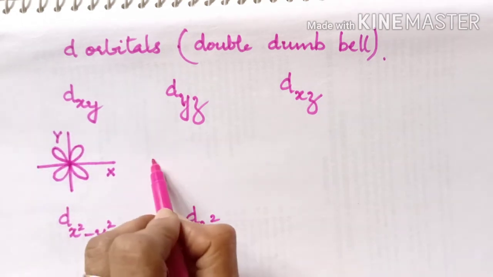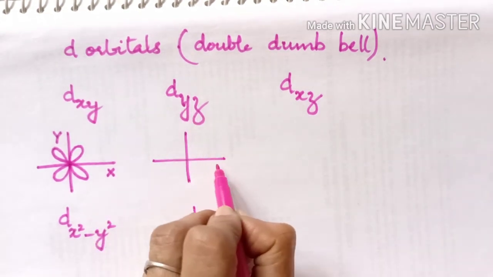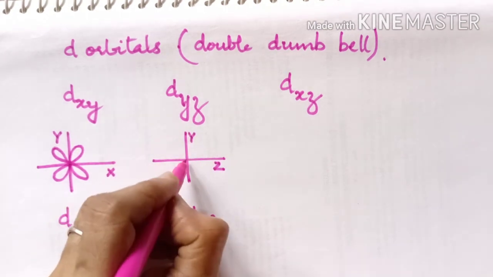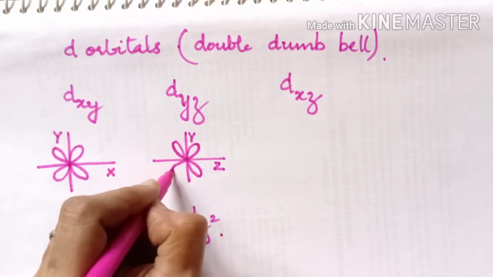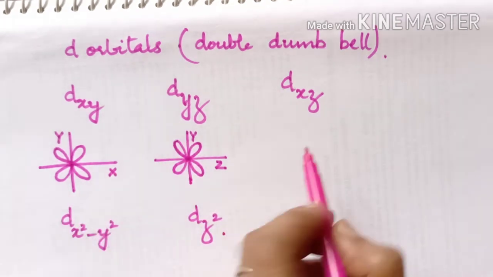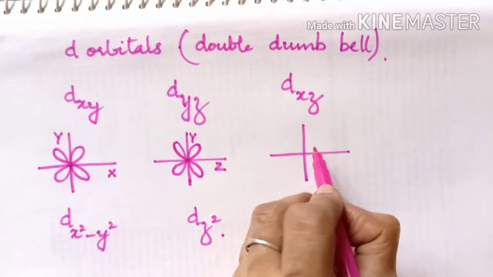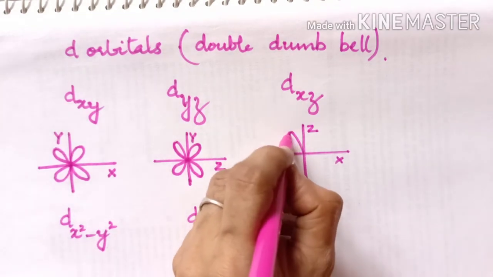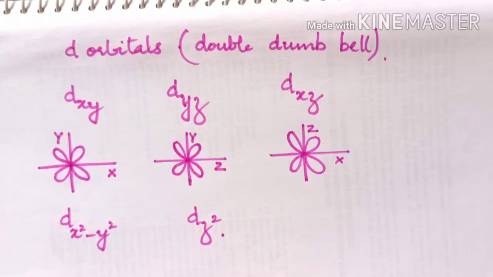Now coming to dyz, we have the lobes arranged in between the axes, and in the same way we have dxz, where the lobes are arranged between the x and z axes. All these are double dumbbell in shape.